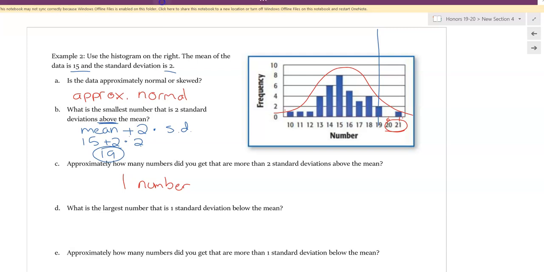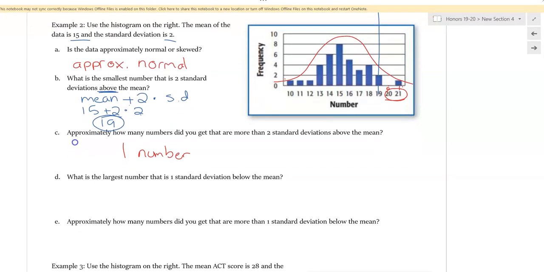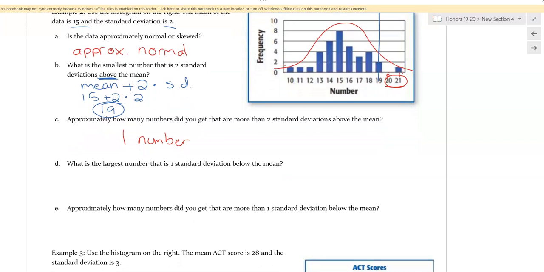Part D, what is the largest number that is 1 standard deviation below the mean? I'm going to do the same type of thing. Mean minus, it's only 1 times your standard deviation. Again, our mean is 15 minus 1 times 2.